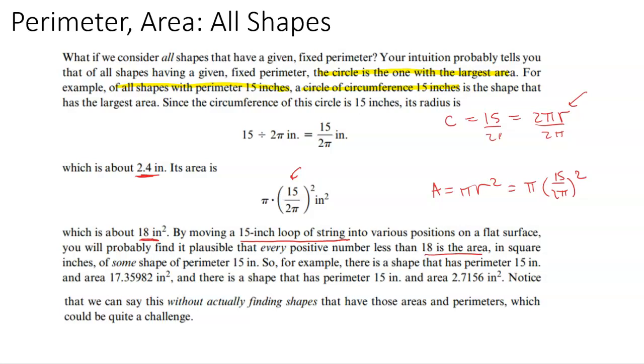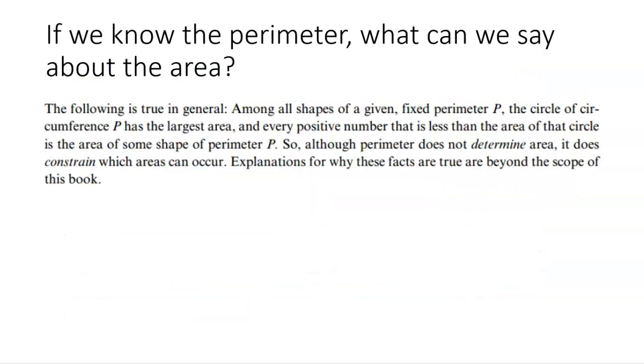So for example, there is a shape that has a perimeter of 15 inches, remember that's what we're talking about, and an area of this amount. But our maximum is going to be that 18 because that's our circle, that's our biggest one. And we can say that without actually finding it, but to prove that would be beyond the scope here.